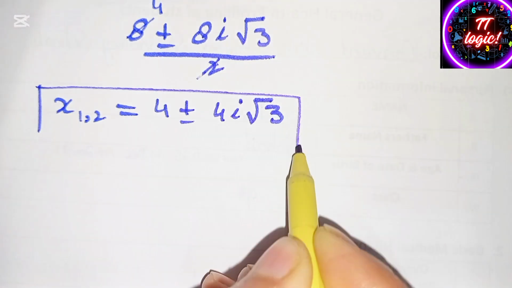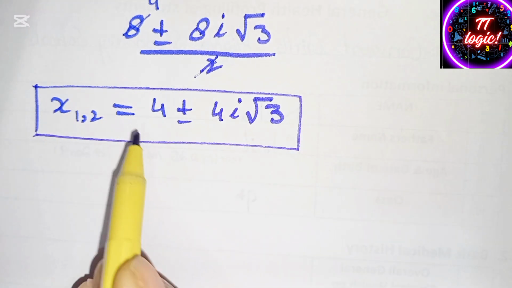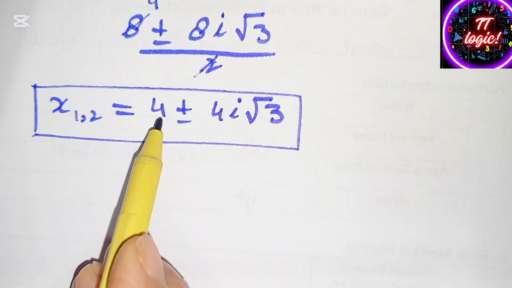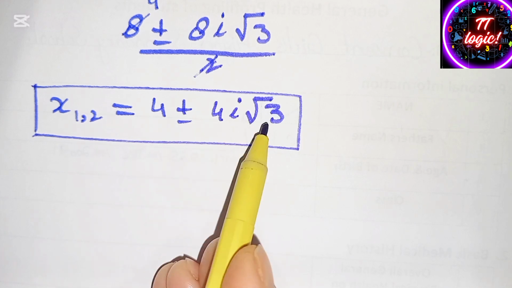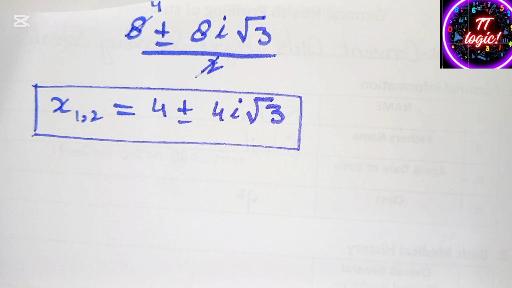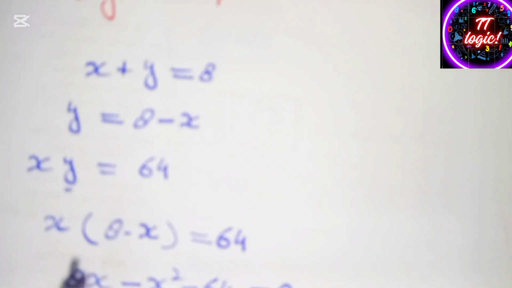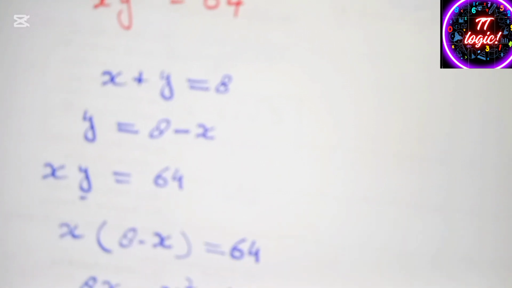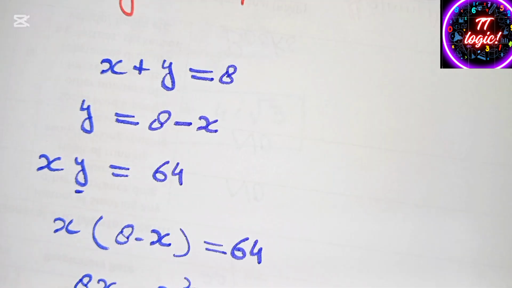The first value of x is 4 plus 4i square root 3, and the second value of x is 4 minus 4i square root 3. Now we can solve the second one, y.